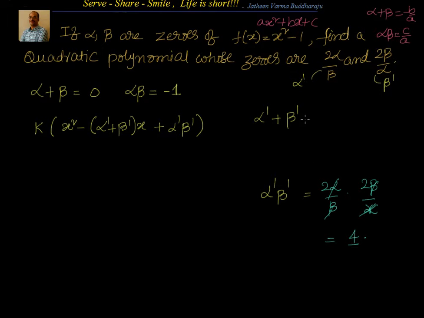Now let's come down to alpha dash plus beta dash. That is equal to 2 alpha by beta plus 2 beta by alpha.